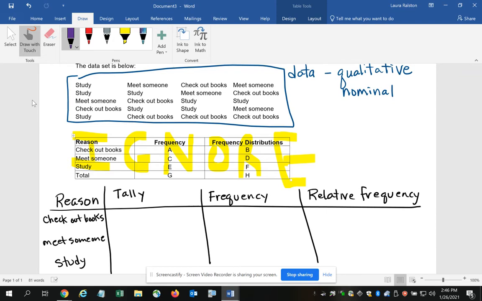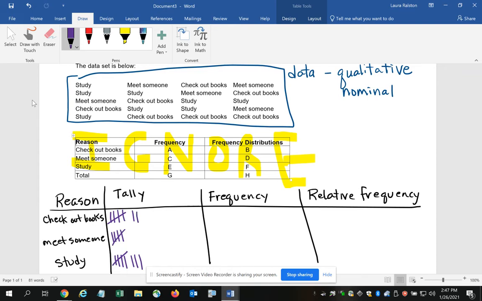And I'm going to go down the columns. So I would have study, study, meet someone, check out books, study. Top of the second column, meet someone, study, check out books, study, check out books. Third column, check out books, meet someone, study, study, check out books. Fourth column, meet someone, check out books, study, meet someone, and check out books.